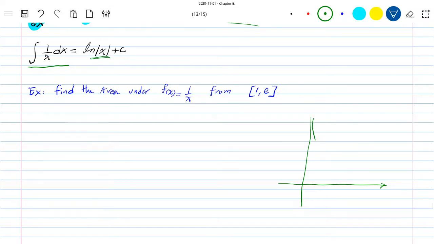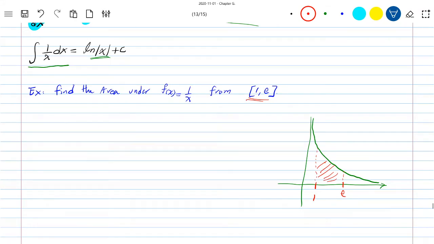So 1 over x has a vertical asymptote and a horizontal asymptote here. On the other side, I don't really care about the left side, but the left side looks like this. Since the domain is given from 1 to e, you want to find out what is the area here. That's what we're looking for.